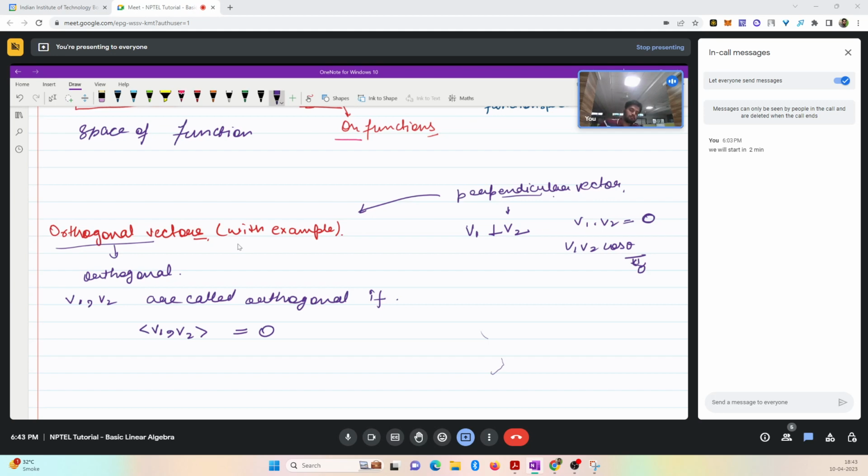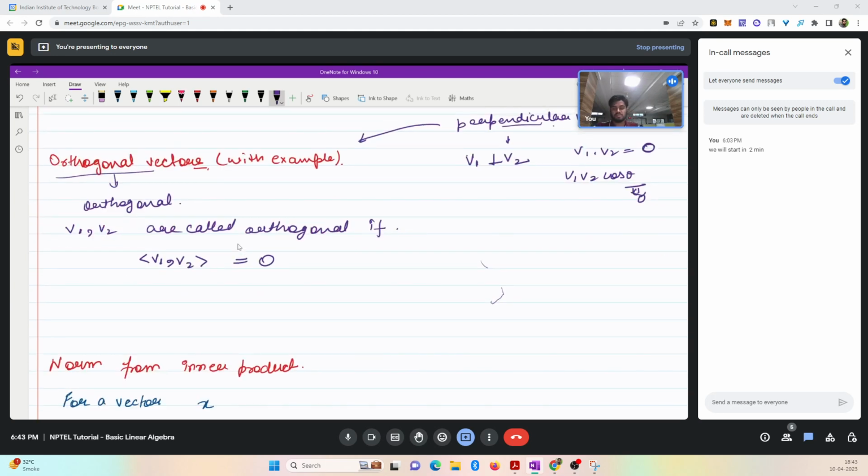This is just a simple example. I'll give you an example. Let's say we have our vector space as R2 over R. Then we can define v1 to be (1, -1) and v2 to be (1, 1), and the inner product <v1, v2> as the standard inner product.